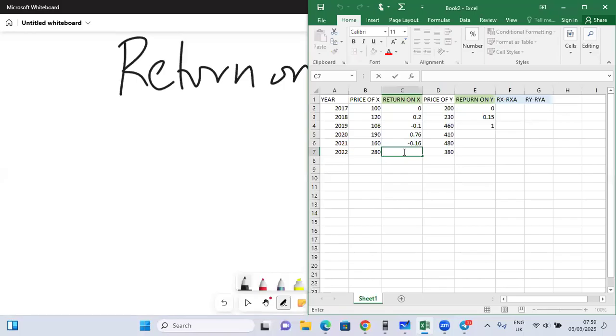And here it is going to be equal to bracket open 280 minus 160 divided by 160. That's it for that one. Here it is going to be equal to 410 divided by 460.